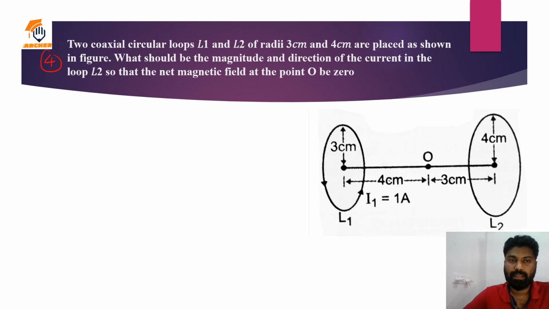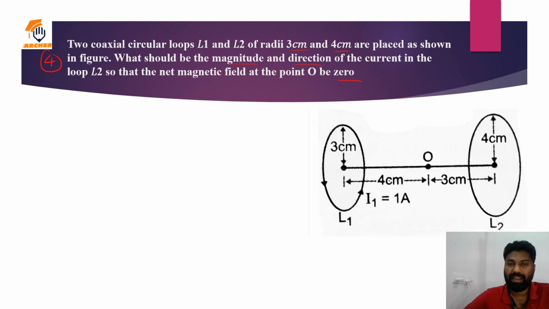Fourth problem. Two coaxial circular loops L1 and L2 of radii 3 centimeter and 4 centimeter, placed as shown in the figure. We need to find the magnitude and also the direction of the current in loop L2 so that the net magnetic field at the point O will be 0.